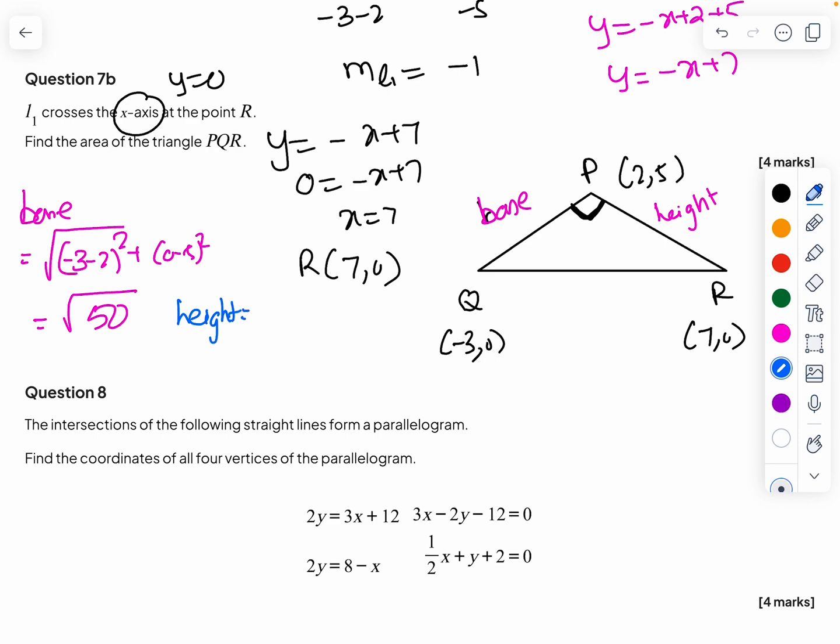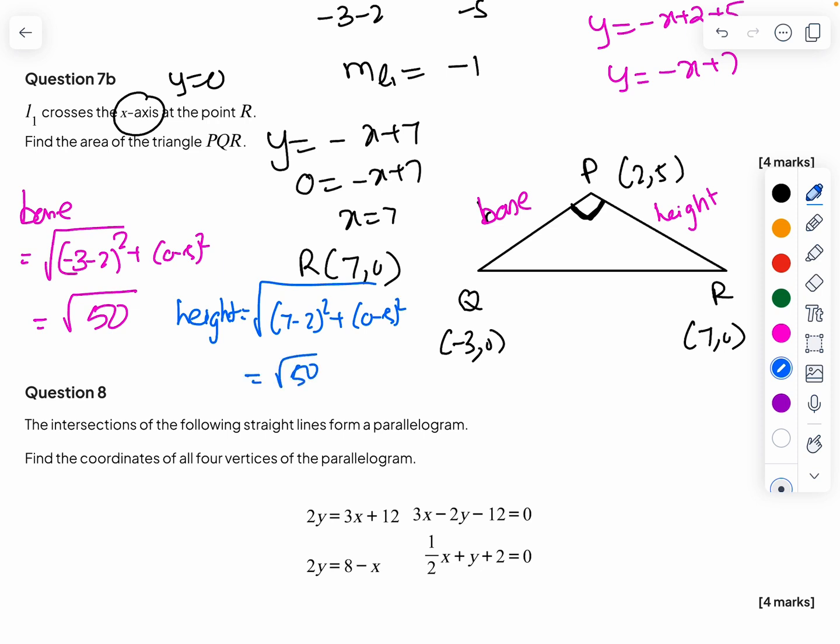Height equals square root of (x2 - x1) whole square plus (y2 - y1) whole square: (7 - 2) whole square plus (0 - 5) whole square, which is again square root 50.